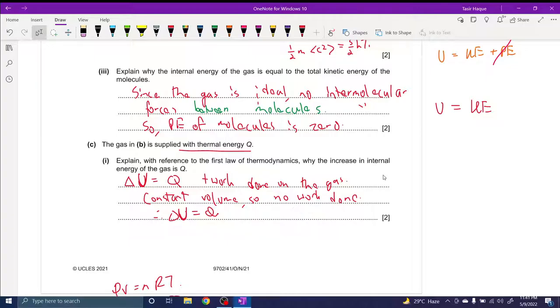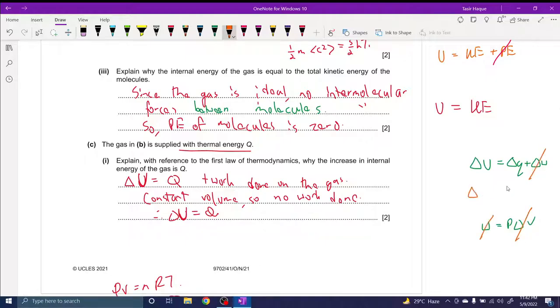According to the first law of thermodynamics, the change in internal energy is equal to the heat supplied to the system and the work done on the system. Work done by a gas has the formula p del V. Since the change in volume is zero, work done is also zero.